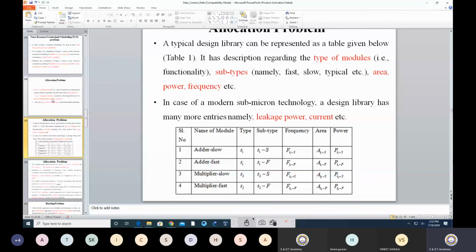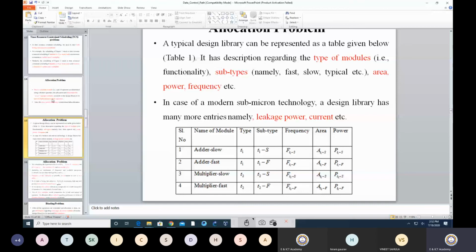Now here, if you observe this particular table, I have defined some notation. In the third column, where I have defined a type, the type can be T1 and T2. T1 is an adder type and T2 is a multiplier. In the fourth column, the subtype, I have used T1S.